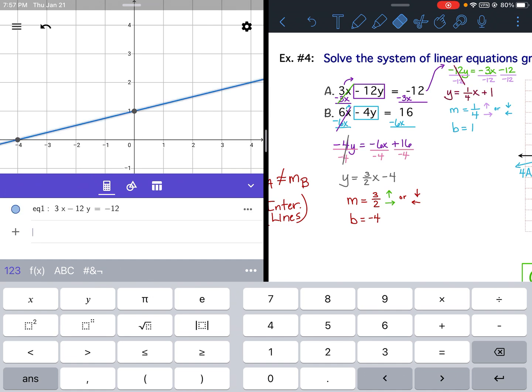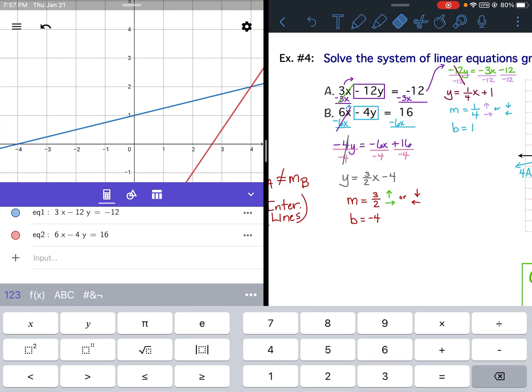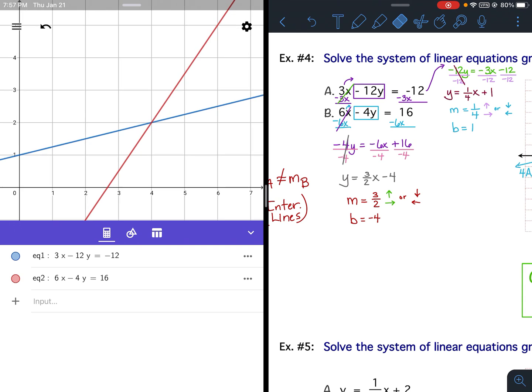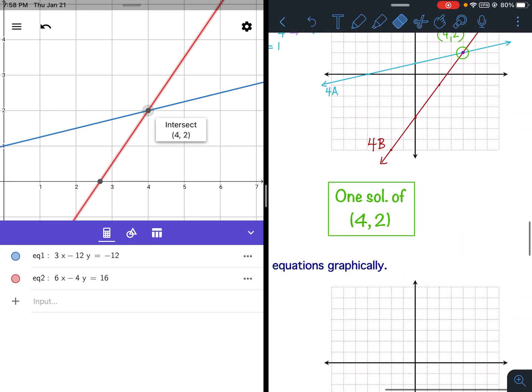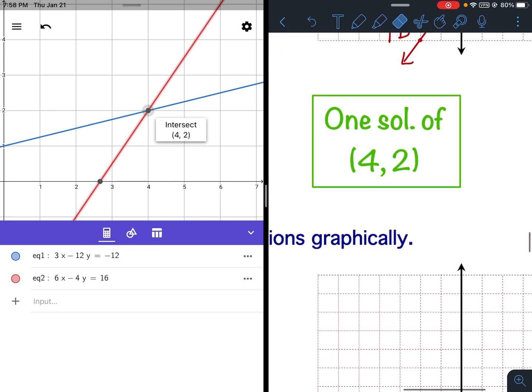Return. 6x minus 4y equals 16. Return. All right. So I go to where the two lines intersect, tap on the point where they intersect, and they intersect at 4, 2, which is what we have.